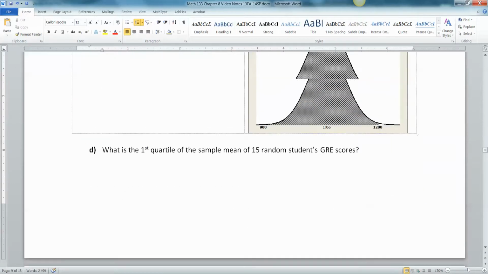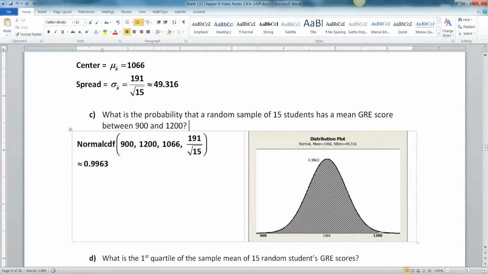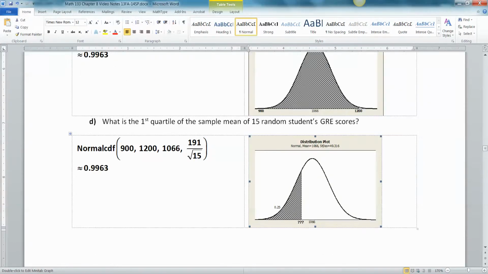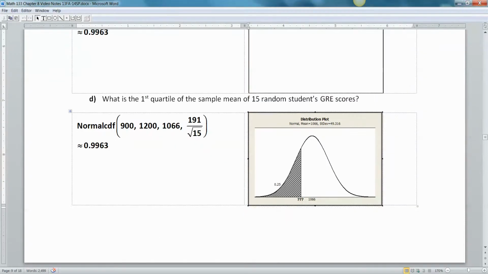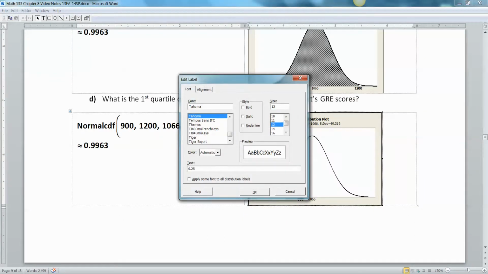Now we're going to be asked to find a quartile. So let me fit that on the page one sec. There we go. Now you might remember from back in chapter 3 that when you have a quartile, the first quartile, that means that you're on the low end, right? It means that 25% is below you. So this area shaded down here is worth 25%. And we want the quartile for the sample mean. I'm just going to make that a little bigger.